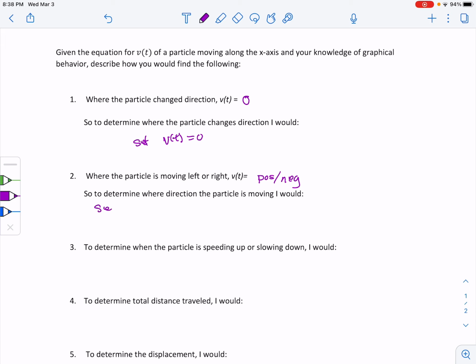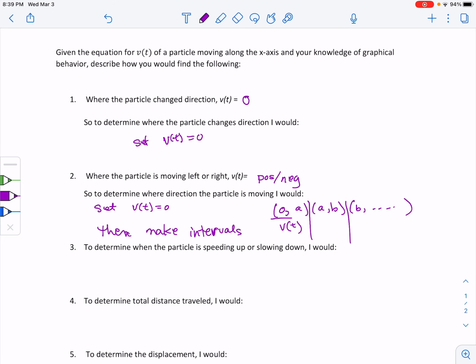So you set v of t equal to 0, then make intervals, from 0 to a to b, b to whatever, and you plug values into v of t and determine if it's positive or negative.